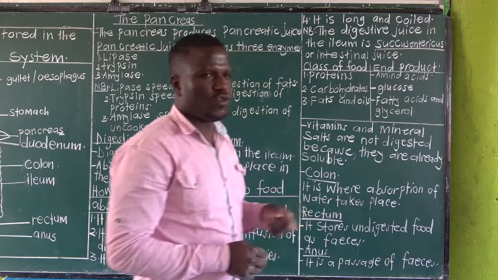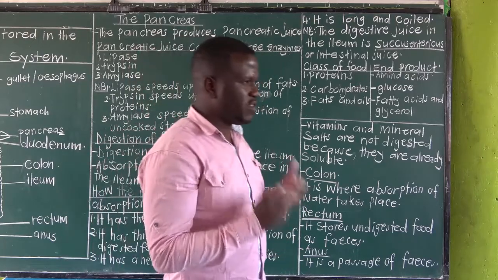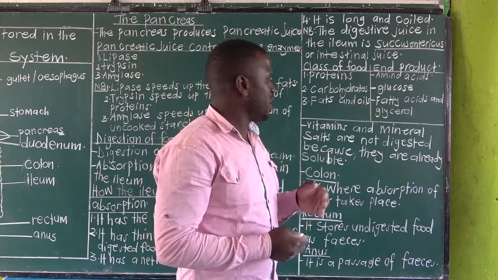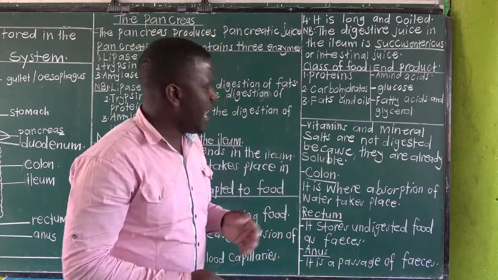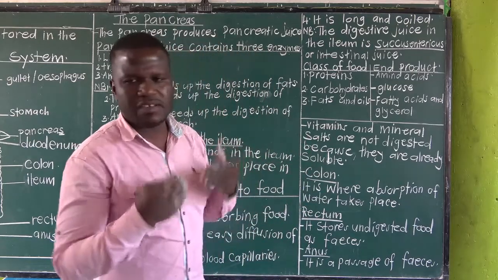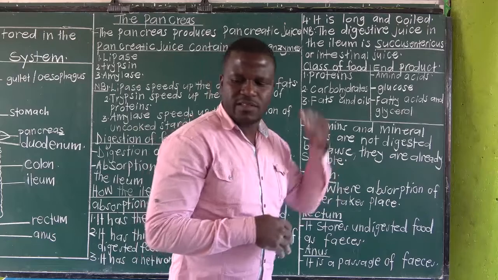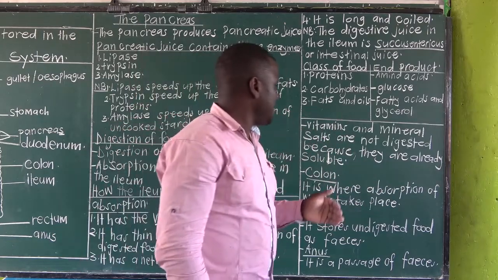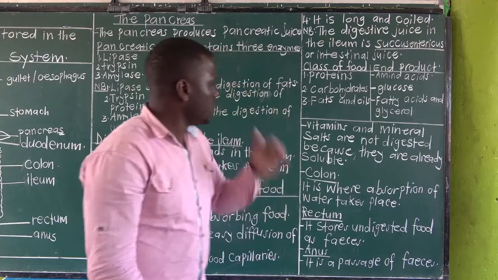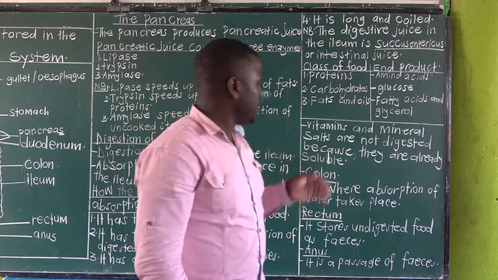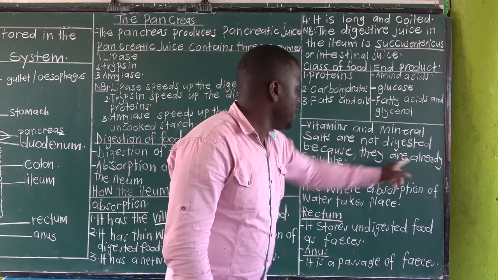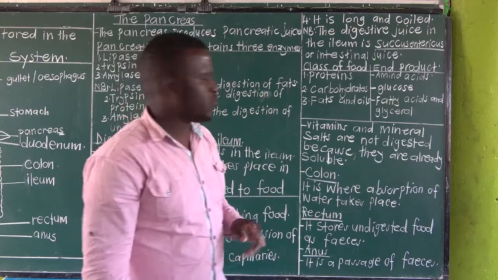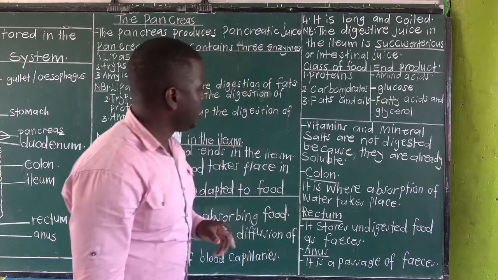When you eat fruits, you get vitamins, and those vitamins are absorbed directly into the bloodstream because they are already soluble. So the question will be asked: why are vitamins and mineral salts not digested? They are not digested because they are already soluble.